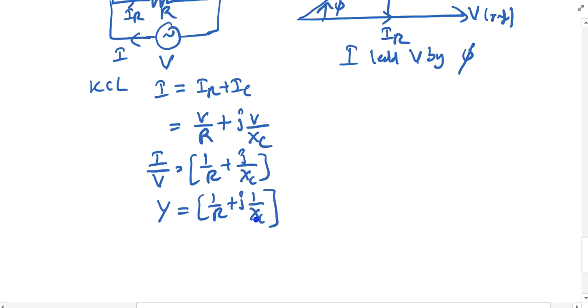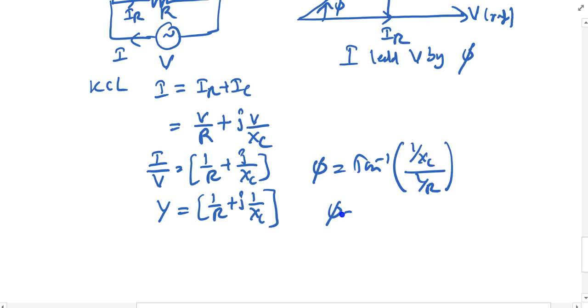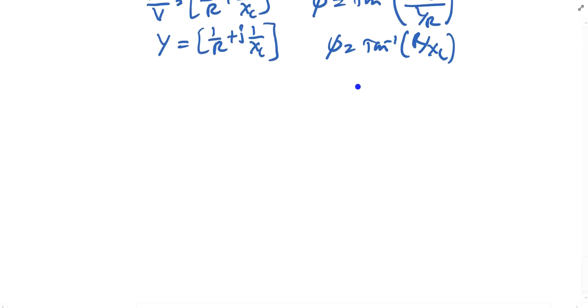So these are the different representations of your equations. You can get 1 by XC by 1 by R also. So phi is equal to tan inverse of R by XC. These are the different representations you can use to solve the networks.